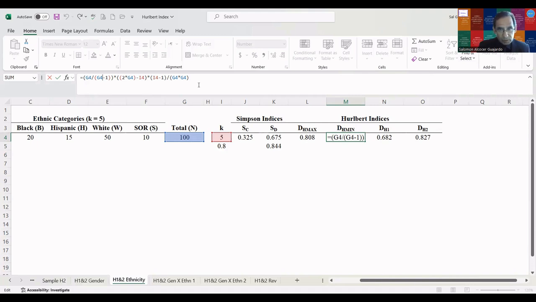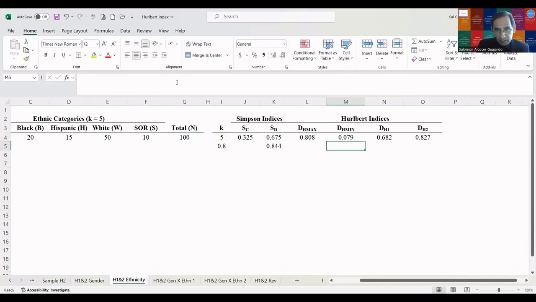So again, there's the formula. It's going to be 100 divided by 100 minus 1 times, parentheses, 2 times 100 minus 5 times 5 minus 1, in parentheses, divided by 100 times 100. That gives me a minimum value of 0.079.